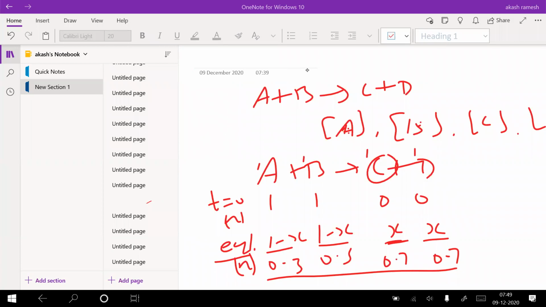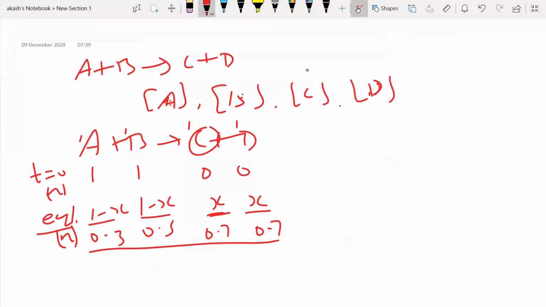Now, what did we find out here? I told you we are talking about the number of moles. N value is the one value which we take, the number of moles value. We found out here also the number of moles value only. But what is asked in the question? They're asking for equilibrium concentrations. When I talk about equilibrium concentration, it's nothing but number of moles by volume. So what is the volume of the container?